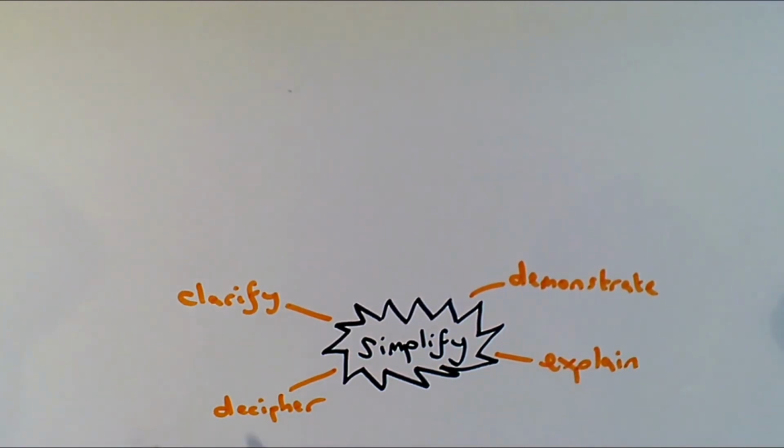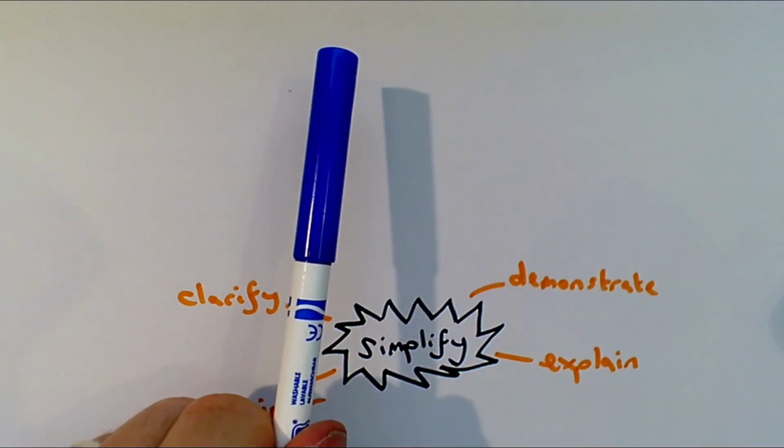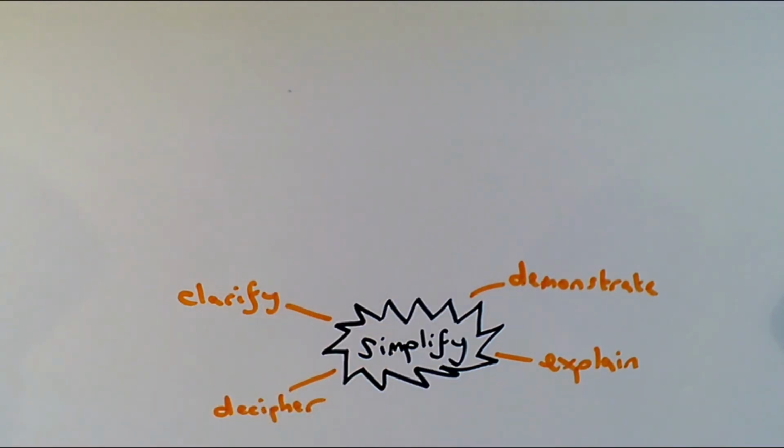So we start by writing synonyms of the word around here, and then for each synonym we put down the context, a context in which that word might be used. And I'll go back to using blue for how to use for that. So let's say we're working on clarify.